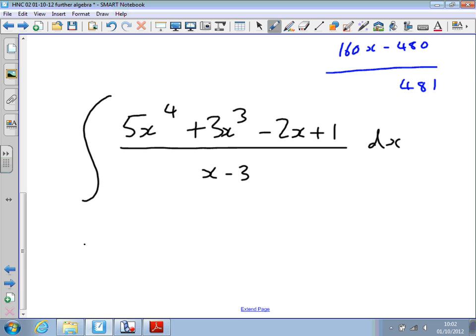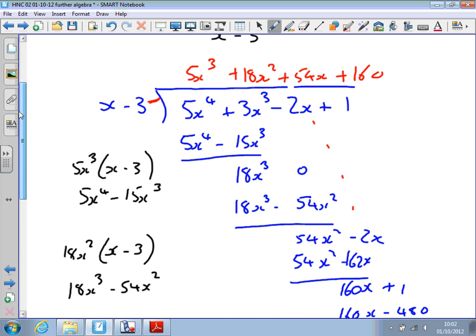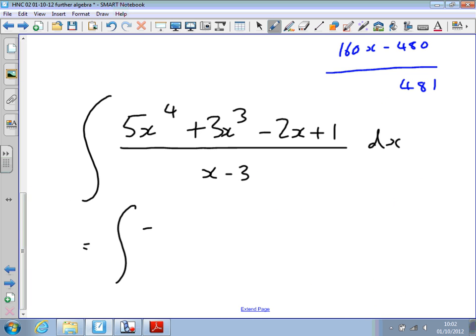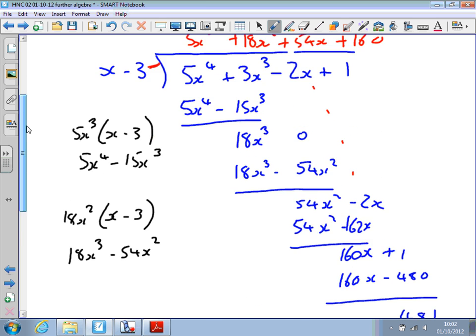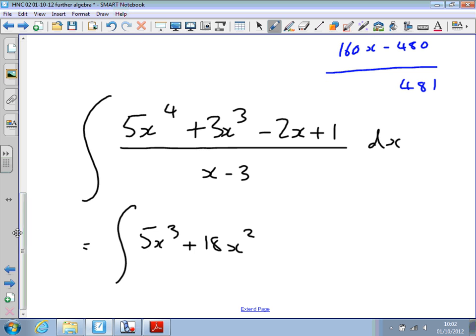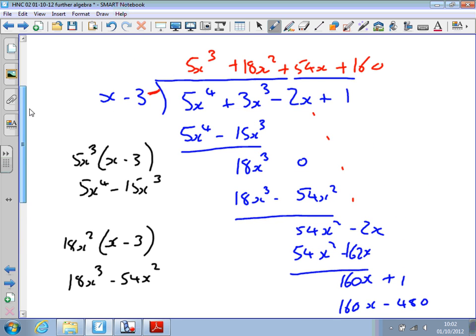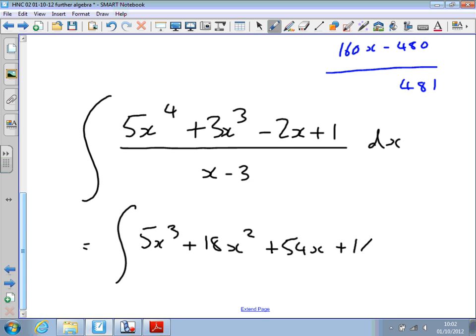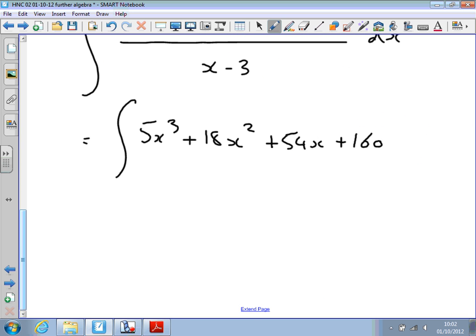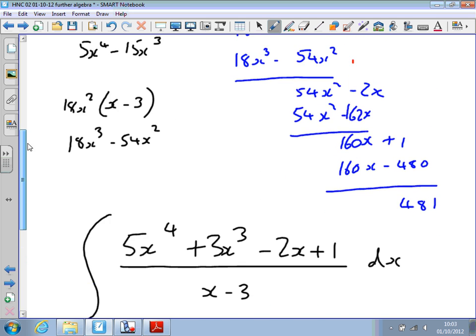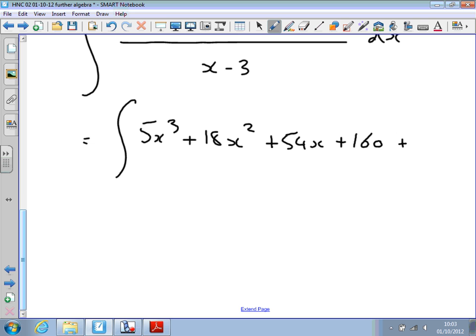Actually, it turns out we're going to integrate the answer, which is 5x cubed plus 18x squared plus 54x plus 160 plus the remainder, which is 481 over x minus 3.